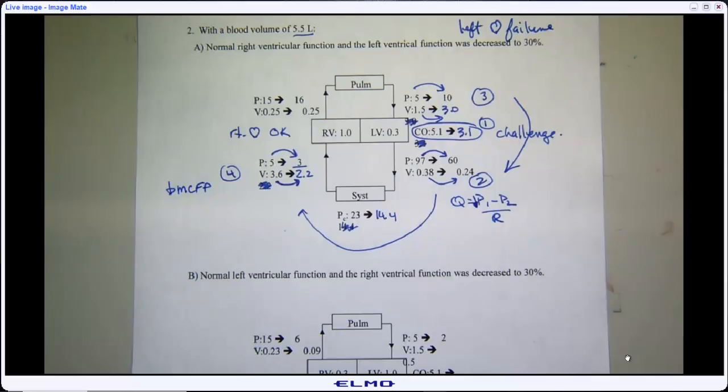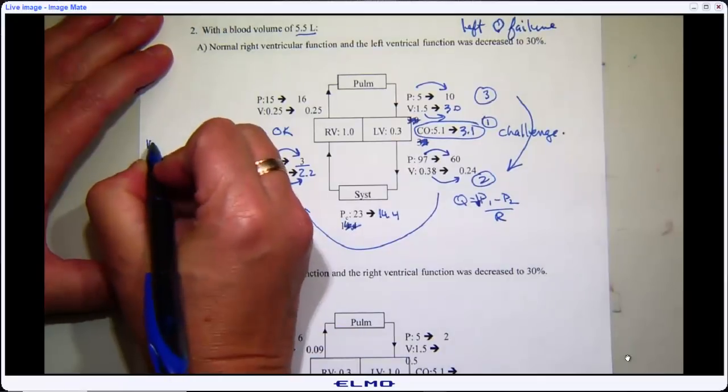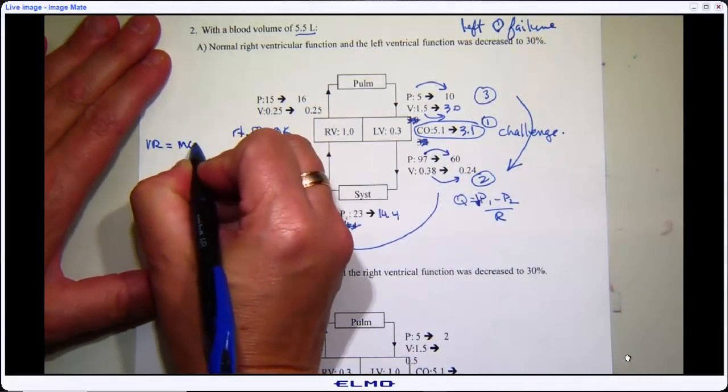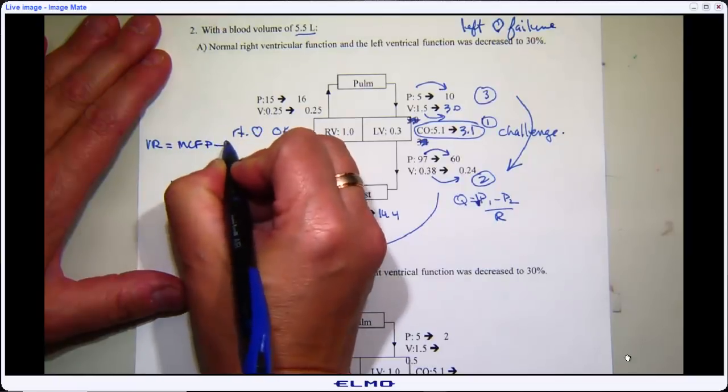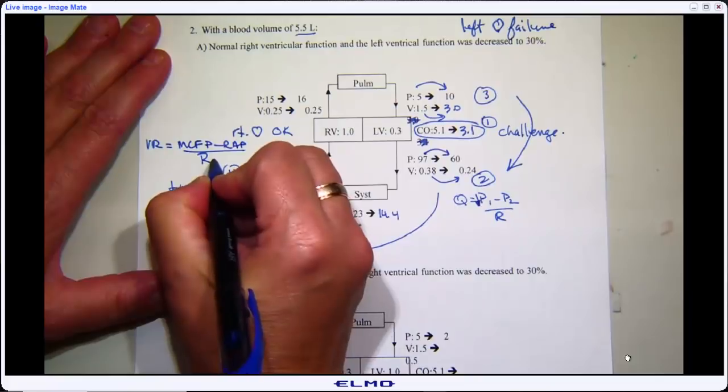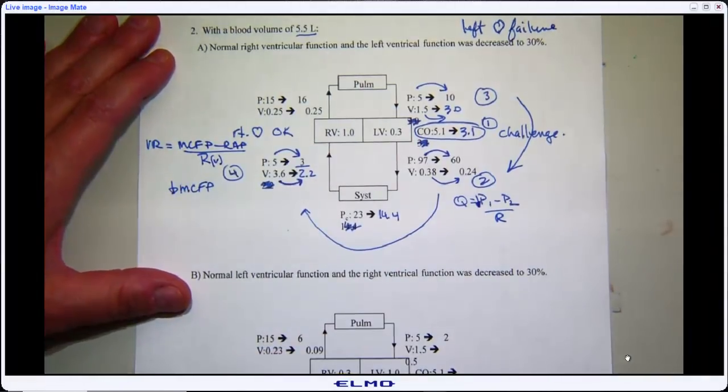Now we've just talked about what that means for venous return or flow back to the right heart. Venous return was proportional to mean circulatory filling pressure minus right atrial pressure, which we haven't altered, and inversely proportional to resistance in the veins.